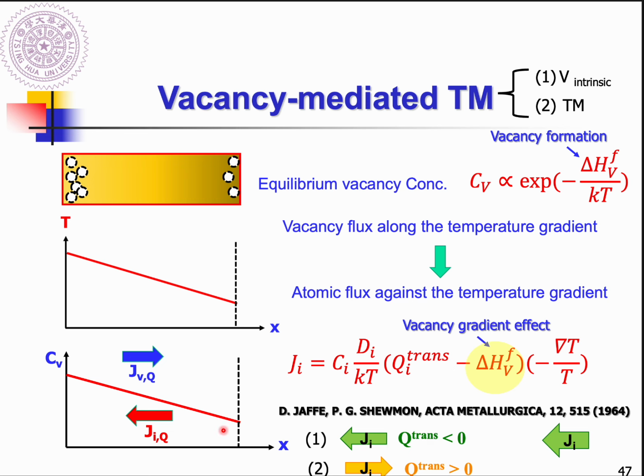So this one minus this one, we got a smaller atomic flux toward the right-handed side, right? Let's check this equation. If this one is positive, you minus a positive, so you get a smaller atomic flux toward the right-handed side. So everything turns out this equation is reasonable no matter the material has a positive or negative heat of transport, right?